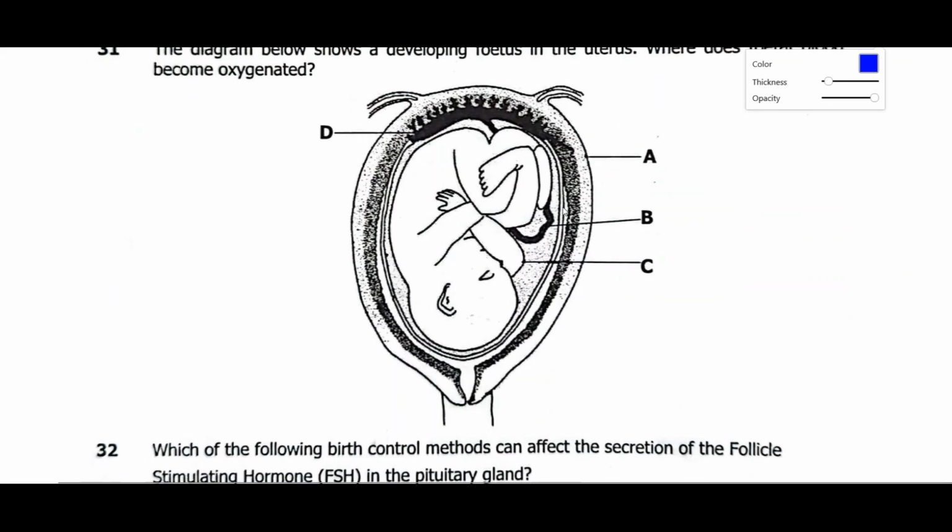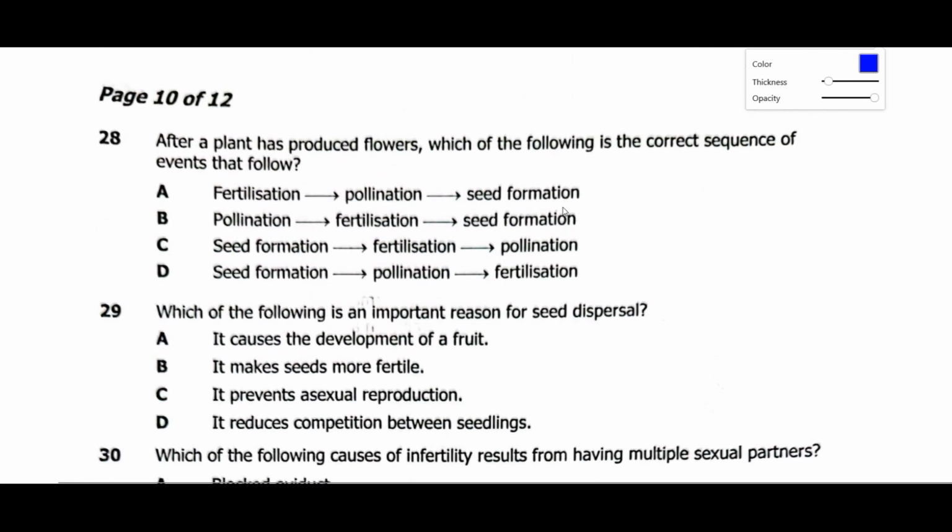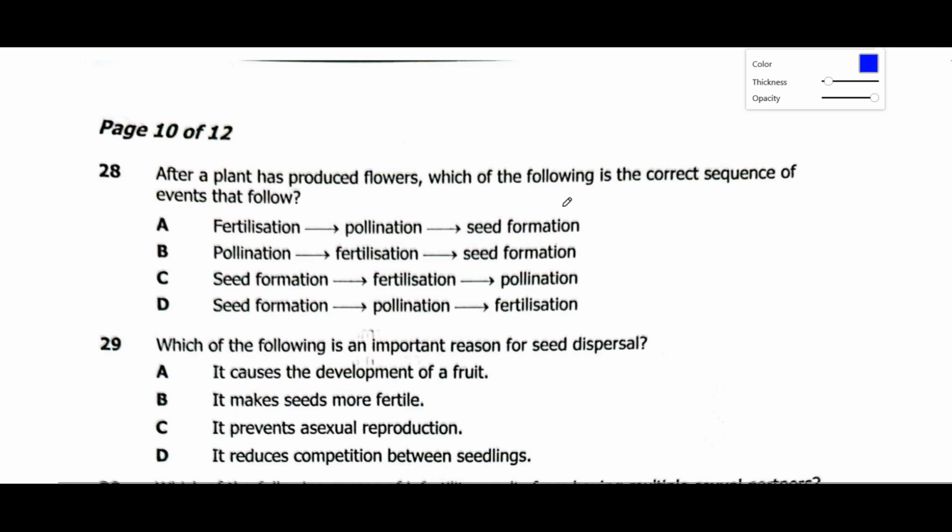Then we move on to question 28. After a plant has produced flowers, which of the following is the correct sequence of events that follow? Number one is pollination. You need to first have pollination.